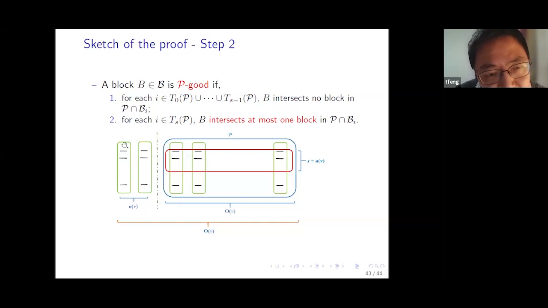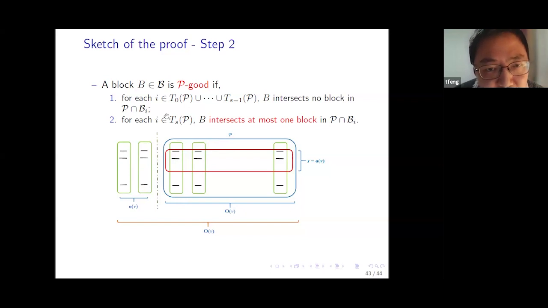For example, in the first orbit, we can take the first base block such that we can add it into the partial parallel class P. But when it is added into P, maybe in the right picture, in the first orbit, there will be some base blocks intersected with it.